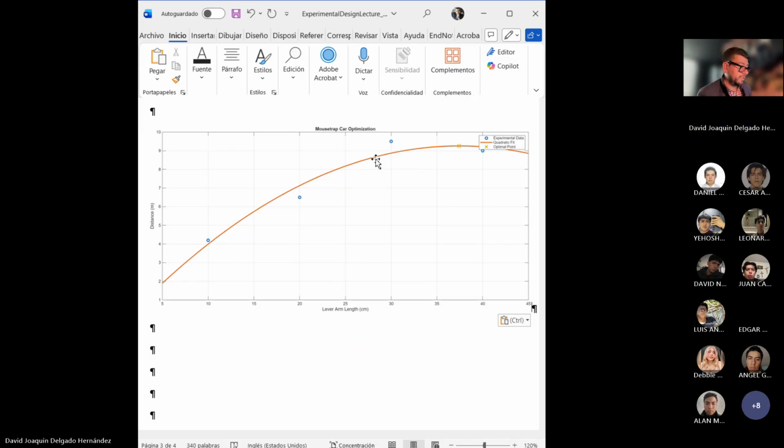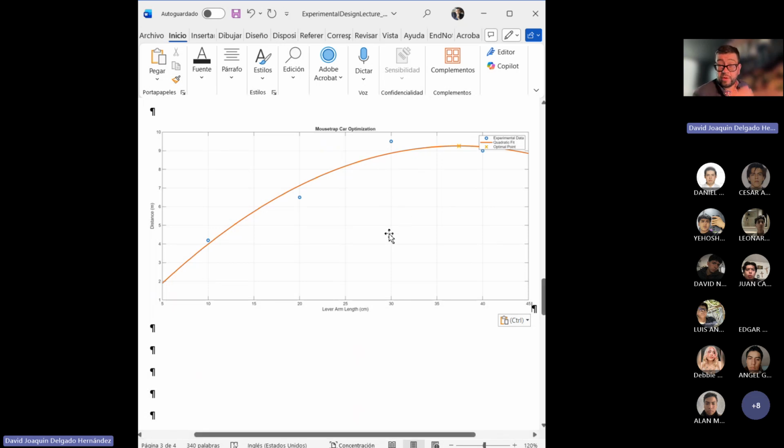So what is happening here? Not necessarily the more lever arm you have, the better the distance. Not necessarily, because there is some point when you reach the optimal point, the maximum, and then it will start decreasing. Okay, the distance will fall down.